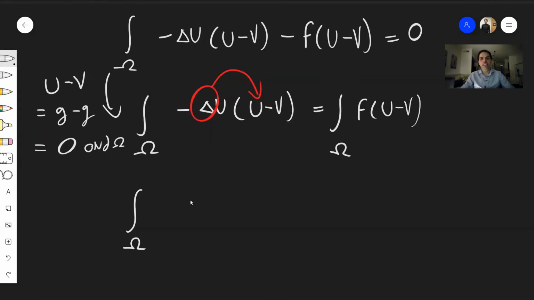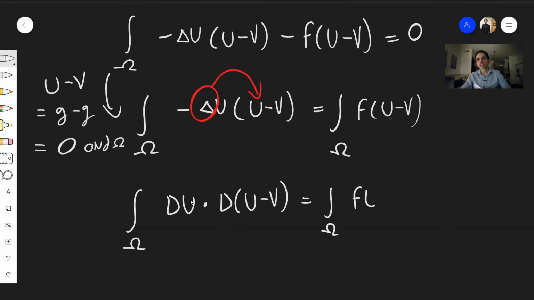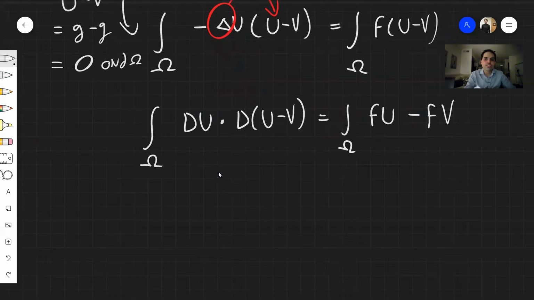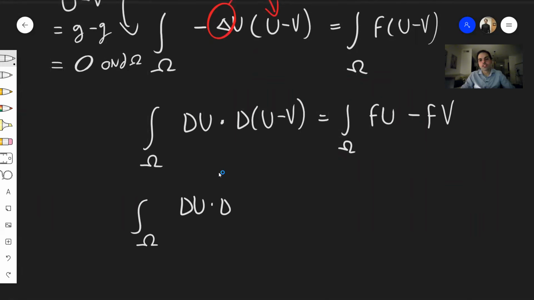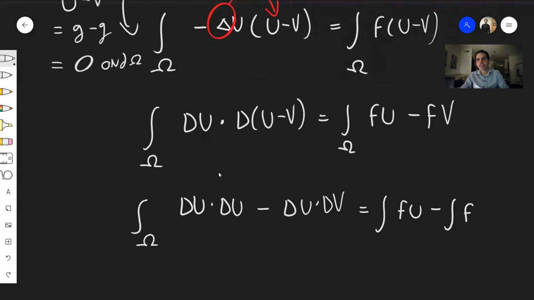And then what you get is basically du dotted with d(u minus v) equals, again, the integral of fu minus fv. And this just becomes, if you expand it out, the integral of du dotted with du minus du dotted with dv equals the integral of fu minus fv.